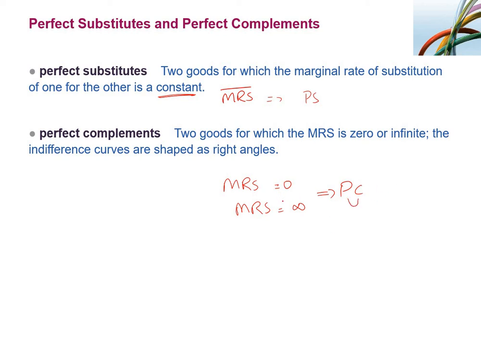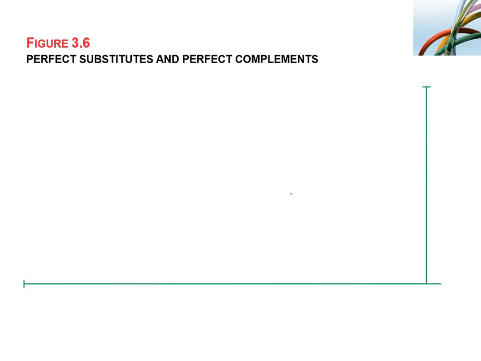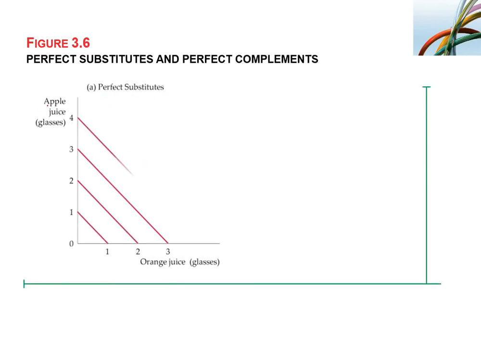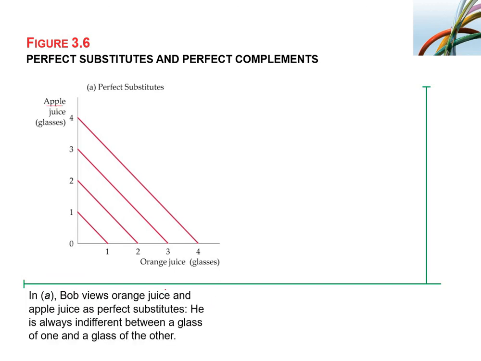So we are giving this example in the coming slides so that it can be easier for you to understand. So this is an example of perfect substitutes in which we have apple juice and orange juice, and in this particular panel A, Bob, any consumer for example, views orange juice and apple juice as perfect substitutes. He is always indifferent between a glass of one and a glass of the other.